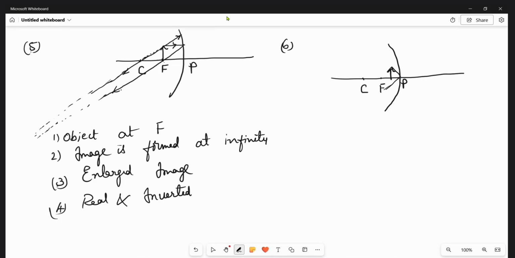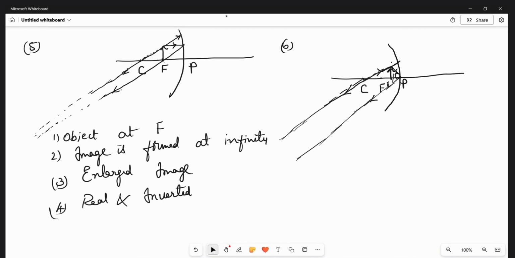It obeys the law of reflection, that is, angle of incidence I will be equal to angle of reflection R. Now another ray we can take here passing through C. It retraces its path.